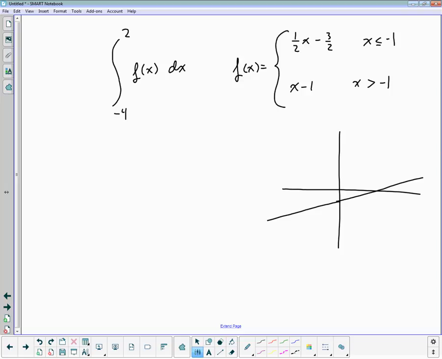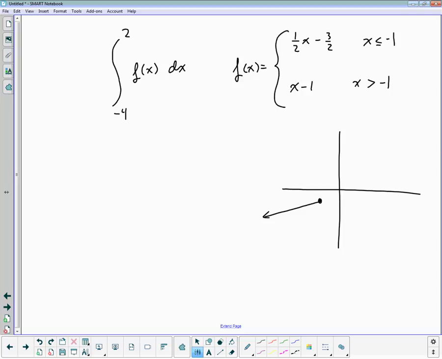Positive slope of 1/2, negative y-intercept, but it only lives from negative infinity to -1. When we get to -1, it's included, so it's a solid dot.